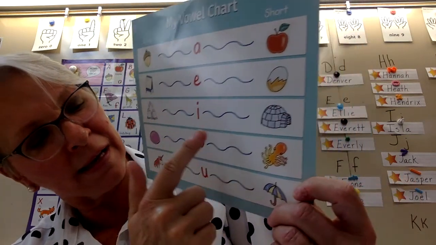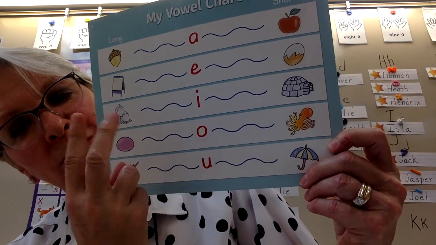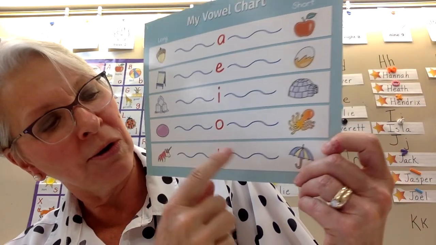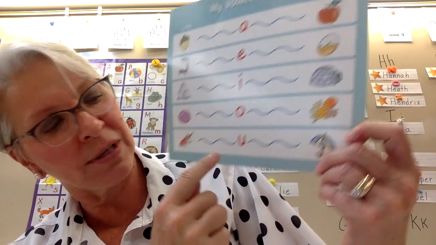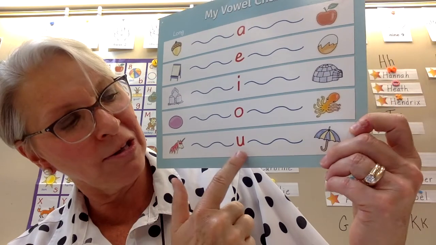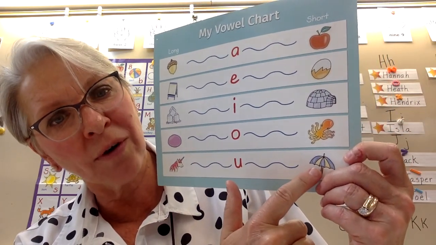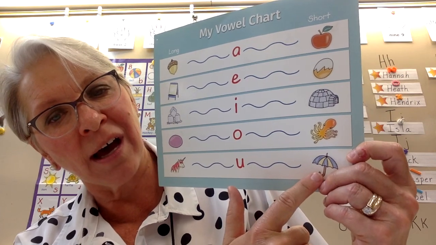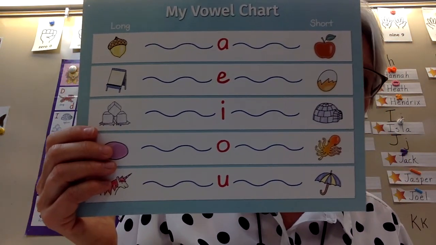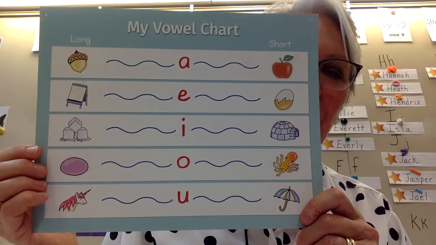If you have an O, you have 2 sounds. One that sounds like oval, or octopus. If you have a U, you have one that sounds like unicorn, and another short vowel sound that sounds like umbrella. So a lot of these short vowel sounds go into our words and help us read the word.